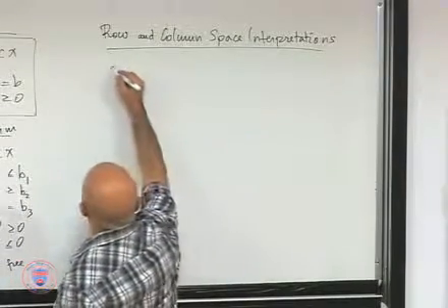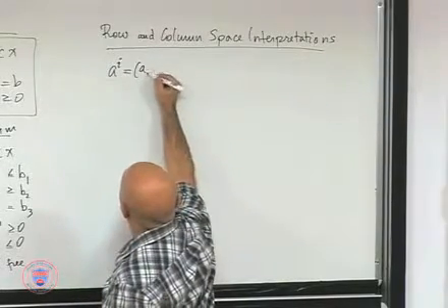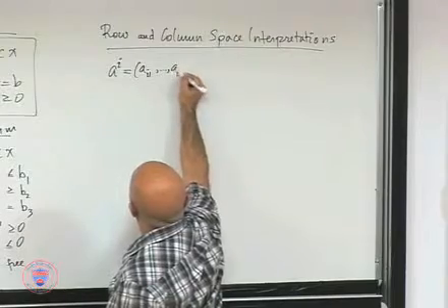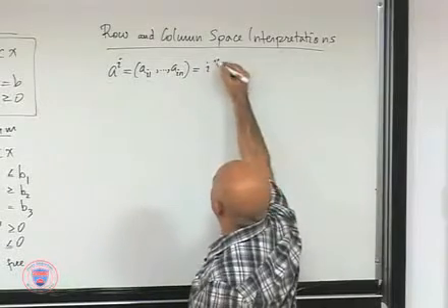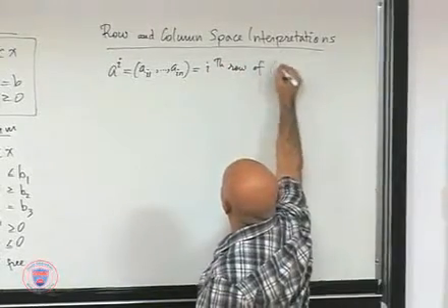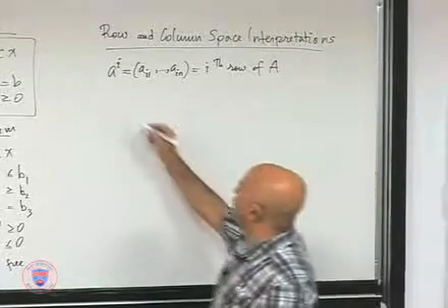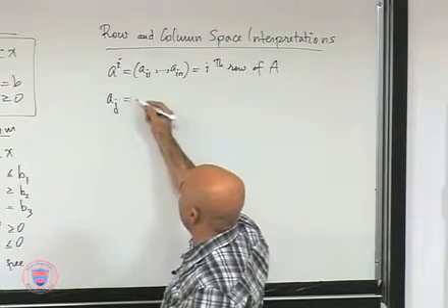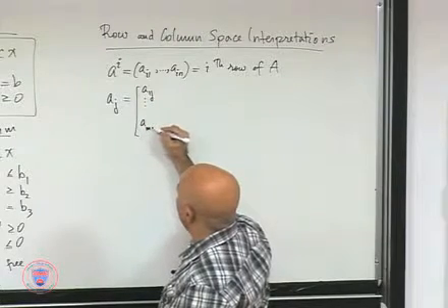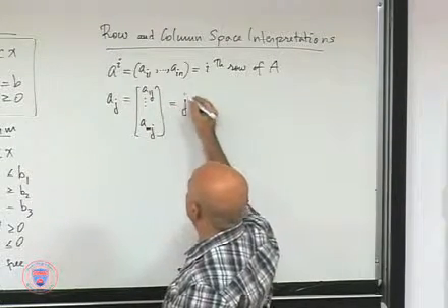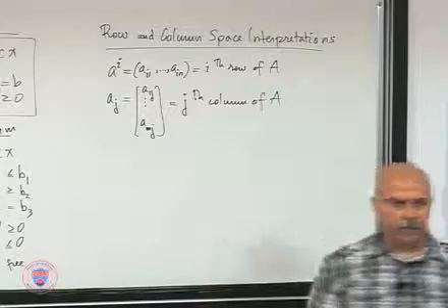For example, if I define A super i to be the vector ai1 up to ain, this is the ith row of the A matrix. And you've got one such row for each i, going 1 to m. And let's also define A sub j to be the column a1j up to amj. This is the jth column of matrix A.